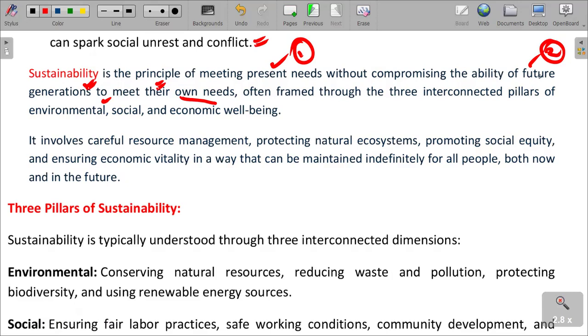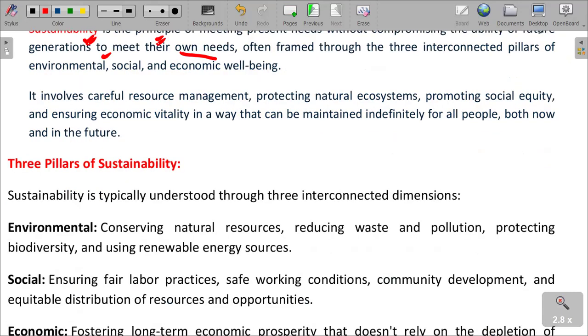But we also want to understand that there are mitigations and strategies that would result in safe management and welfare of generations that are to come. Sustainability also involves careful resource management, protecting natural ecosystems, and promoting equity or social equality.